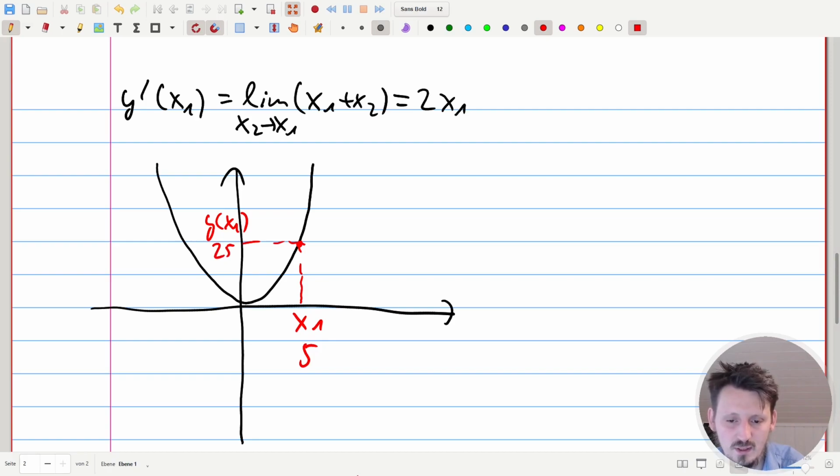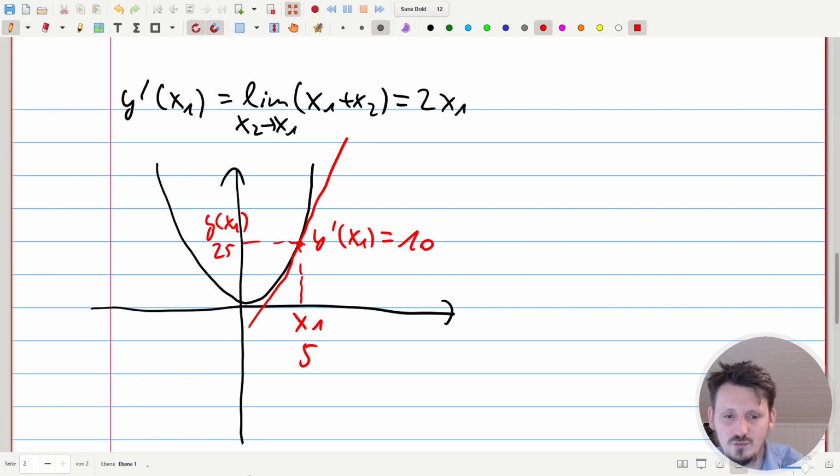And the slope here, y prime of x at the position x1, would be then 2 times 5, which would be 10. And then you can use this slope to really draw a tangent through this point, and then this is actually done.